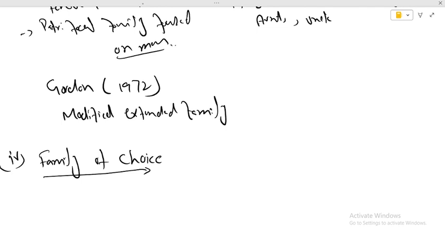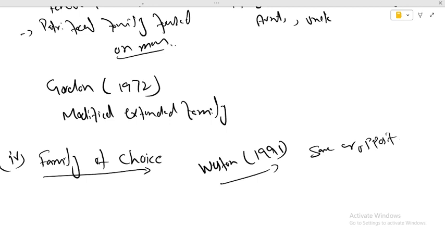It was first used by Western in 1991 to describe how gay, lesbian, and bisexual people were using the term family for their social networks. So you are free to choose your family. Because of that, you can have a same-sex family, or a same- or opposite-sex family. So it's up to your choice.